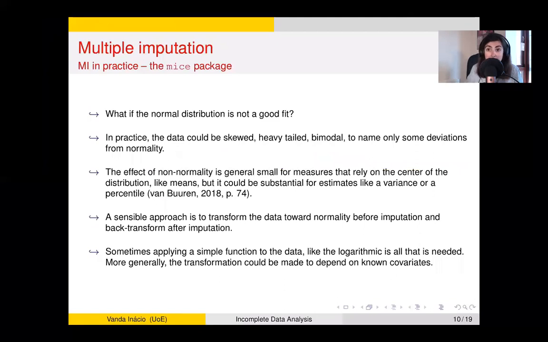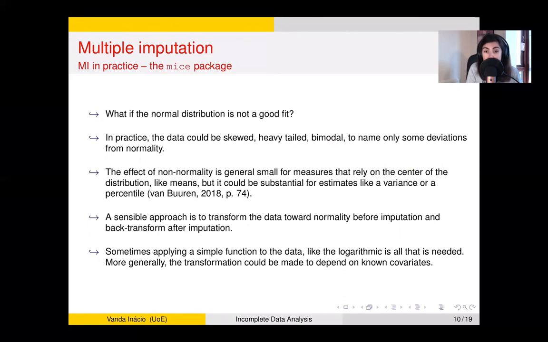And we are assuming that our variable that has missing values is continuous, and we have been using normal linear regression models fit to the complete cases. But what if the normal distribution is not a good fit to the complete cases? And this is something that is not too uncommon, I would say.